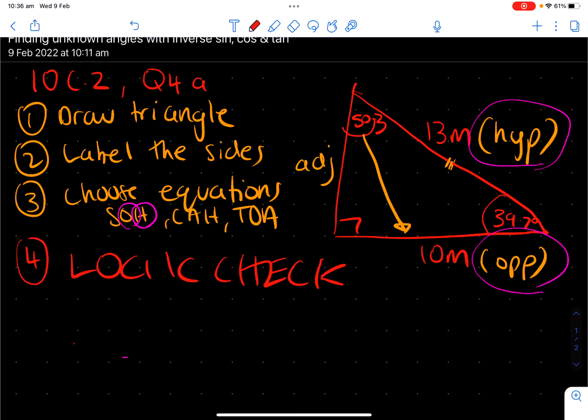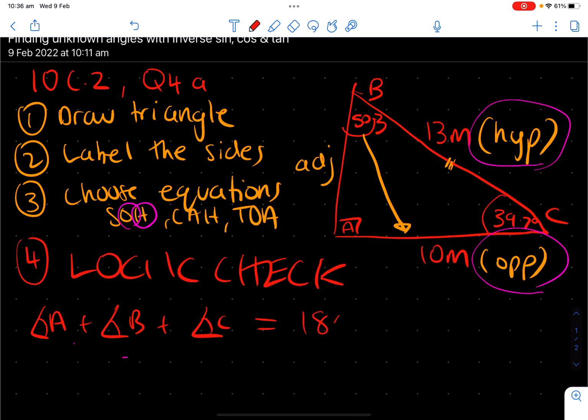We're going to check that all of the angles add up to 180 degrees. So let's call this one angle A, this one angle B, and this one angle C. I know that was different to before, but never mind that. Angle A plus angle B plus angle C must equal 180.